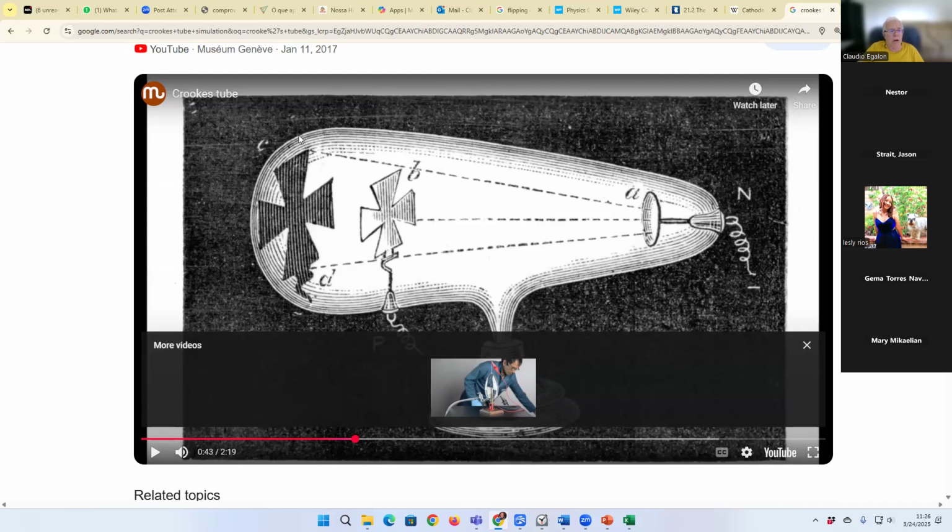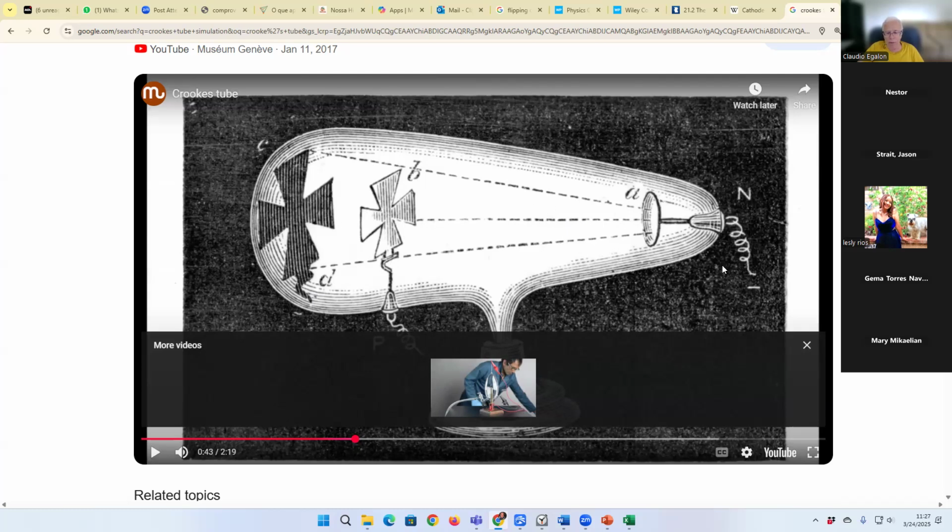this tube here is coated with a powdery substance that emits light whenever the electrons collide against it, the phosphorescent material, okay? So that's what this does.